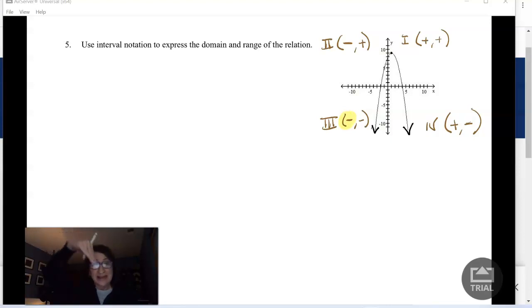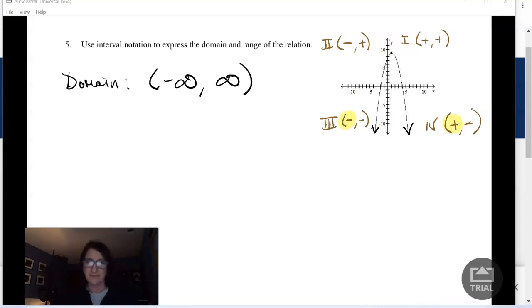And because it's going infinitely down, my smallest value is going to be -infinity. For quadrant 4, okay, then my x values are going to be positive. So to write my domain, okay, I'm going from -infinity to +infinity.